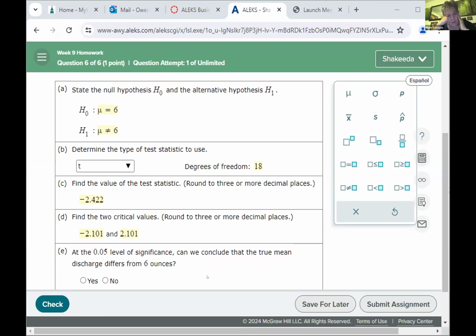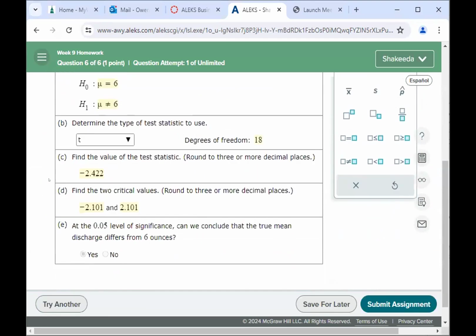So we're going to reject the null. Correct, so therefore, yes, it differs. So I guess that means that true statement that keeps popping up is right.